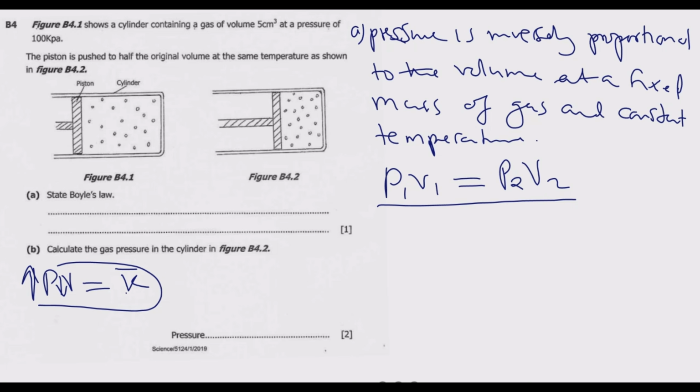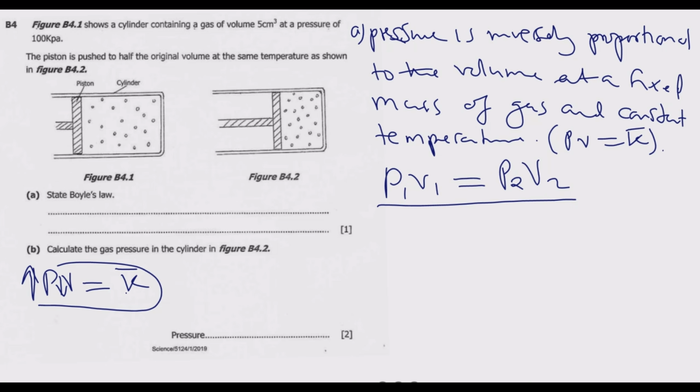So in short, pressure times volume is equal to a constant K. If you can remember this formula, then you can state this one. So we are keeping the volume of gas, or the mass of gas, constant, and the temperature.